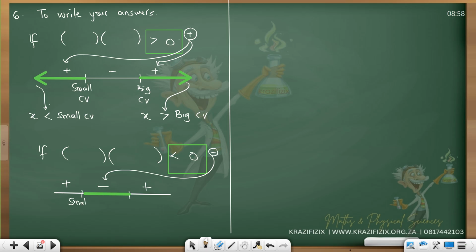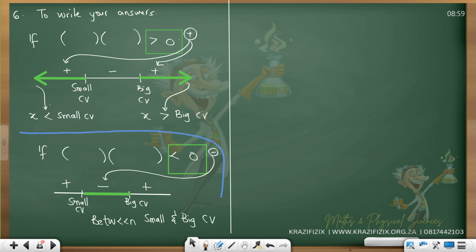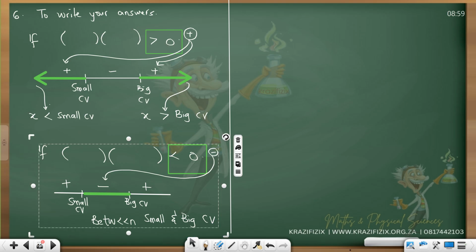Remember, small CV. What does this tell us? The negative lies between. Check what I'm going to do. It lies between the small and big CV. If it lies between, I don't know if you noticed how I wrote my between.